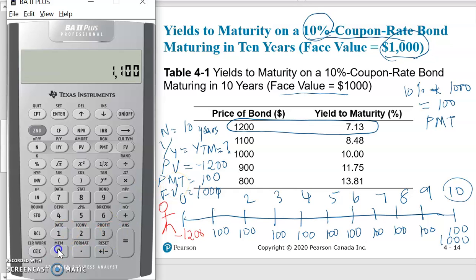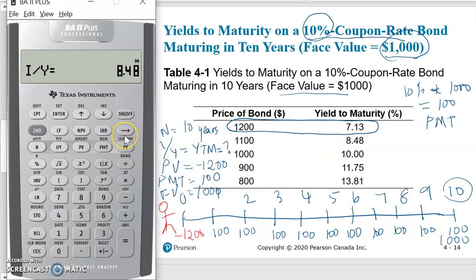So negative $1,100 because it's money going out. Click on PV. So I've set the price of the bond to $1,100 now. All the other values are going to remain the same, and I have not cleared my calculator, so they are stored in there. So I compute I/Y, which gives me a yield to maturity of 8.48%.